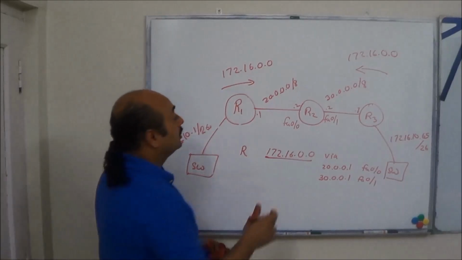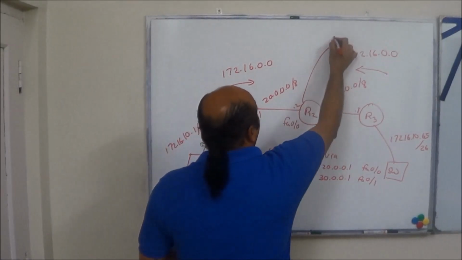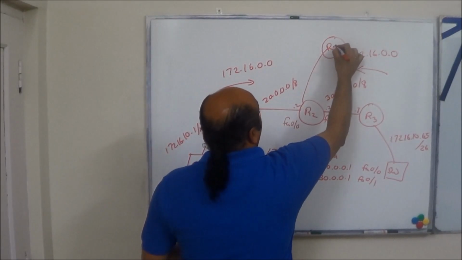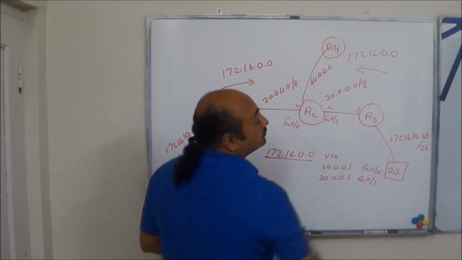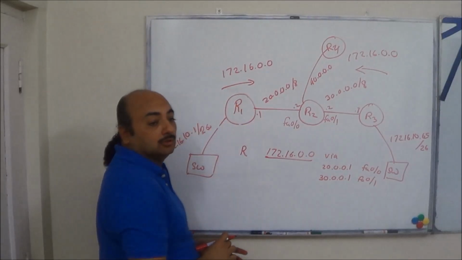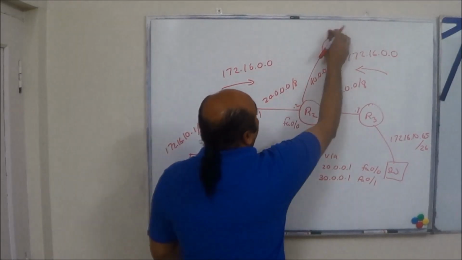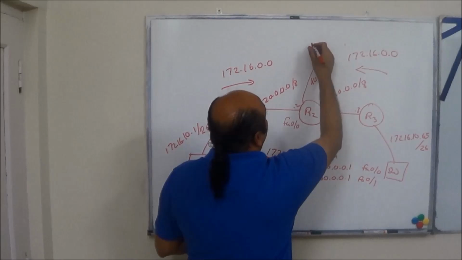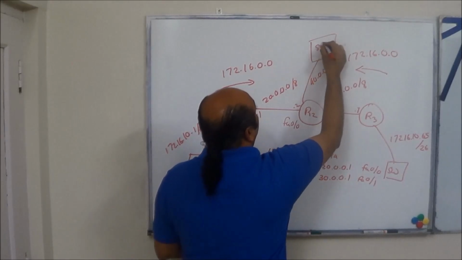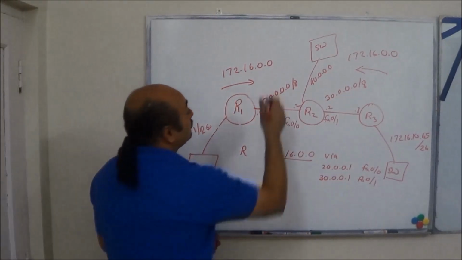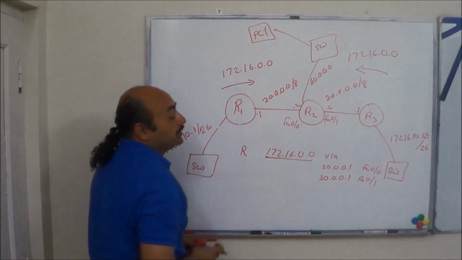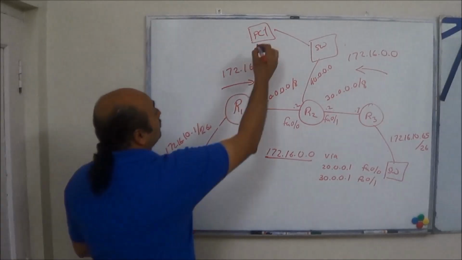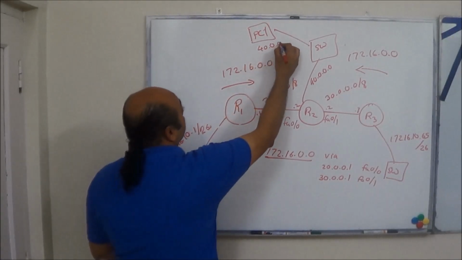Now, if there is a router here, R4, then this is the 40 network. And not to forget this: this is just a switch on the 40 network. And then what do you have here? A PC. PC1 is connected, having a source IP of 40.0.0.1.